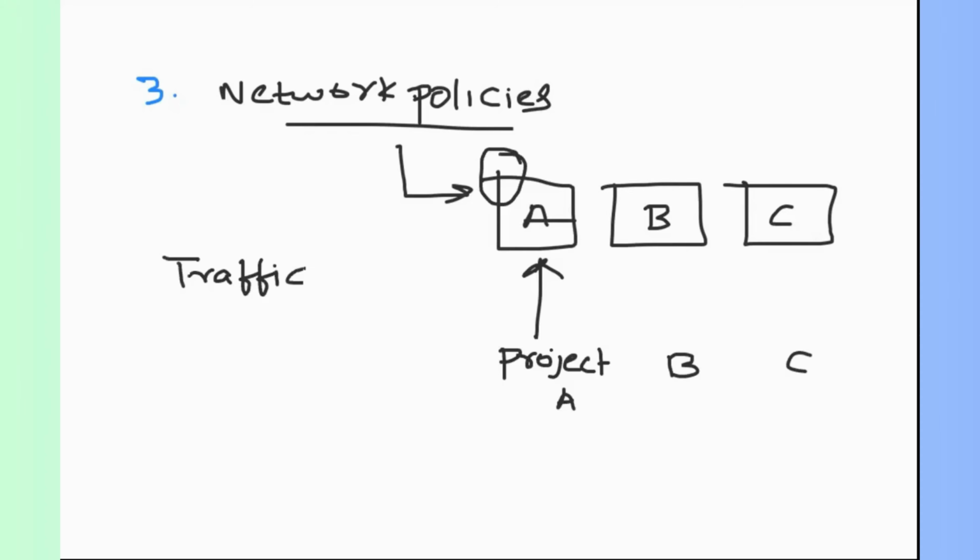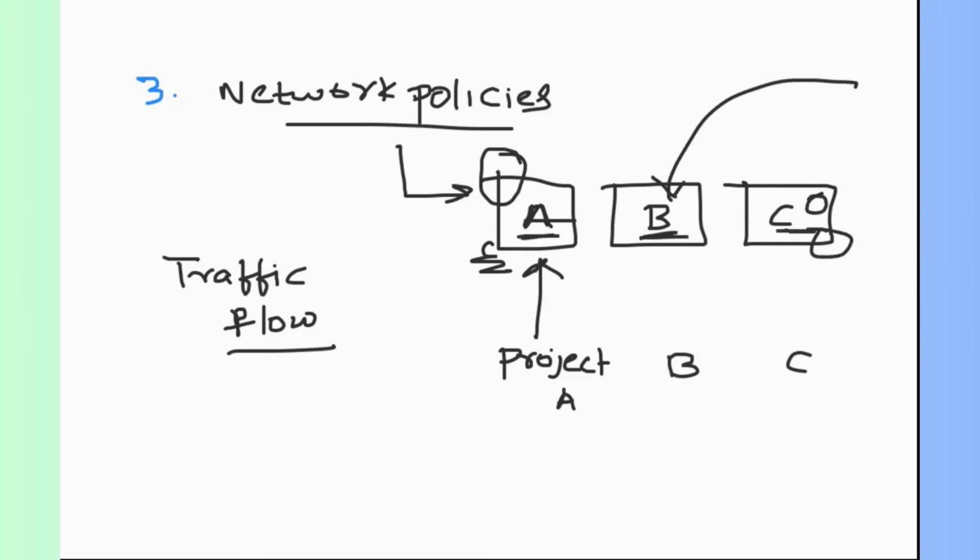In namespace A, you might have deployed applications that are only required within your organization. In namespace B, you have deployed applications that are required by people outside of your organization. And in namespace C, you have a mix: a few applications are required inside your organization and a few are required outside.